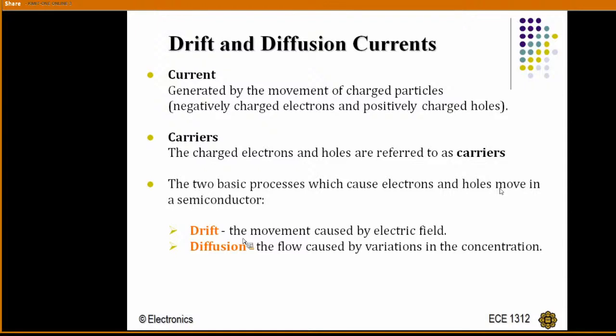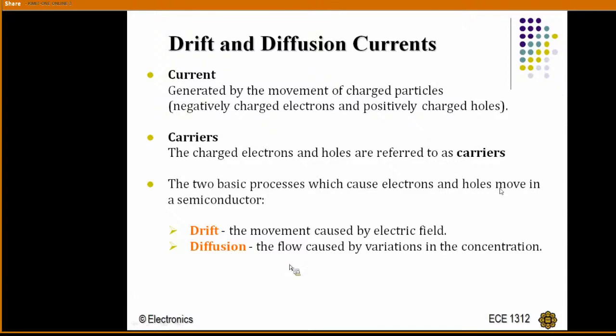That current is a drift current. Is it clear? The drift current is a current caused by the electric field. That means externally you are going to supply some energy. Then only can the electron move from one place to another place. If it is moving, it is causing the current. That current is a drift current.